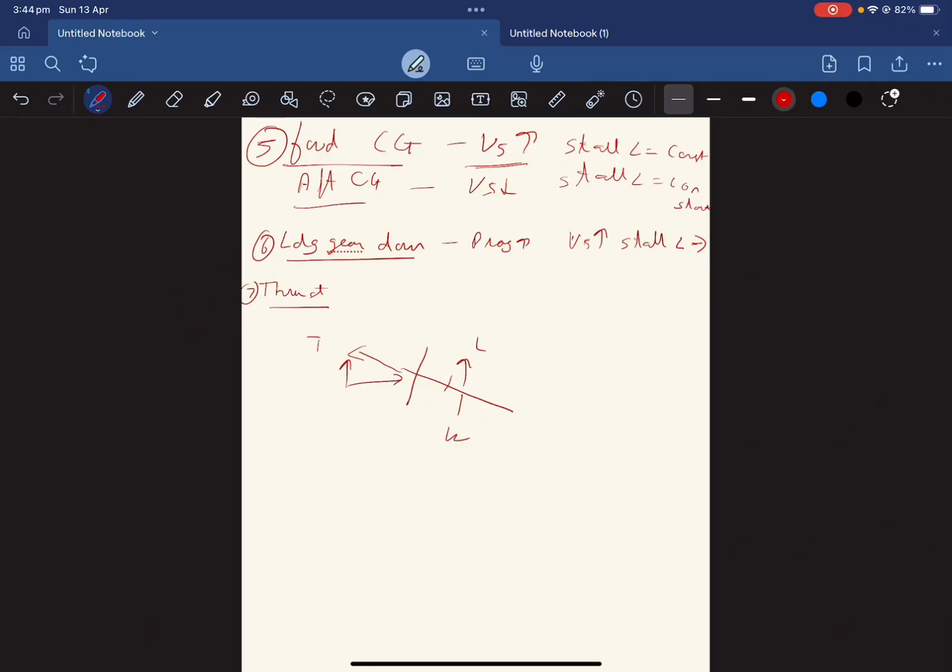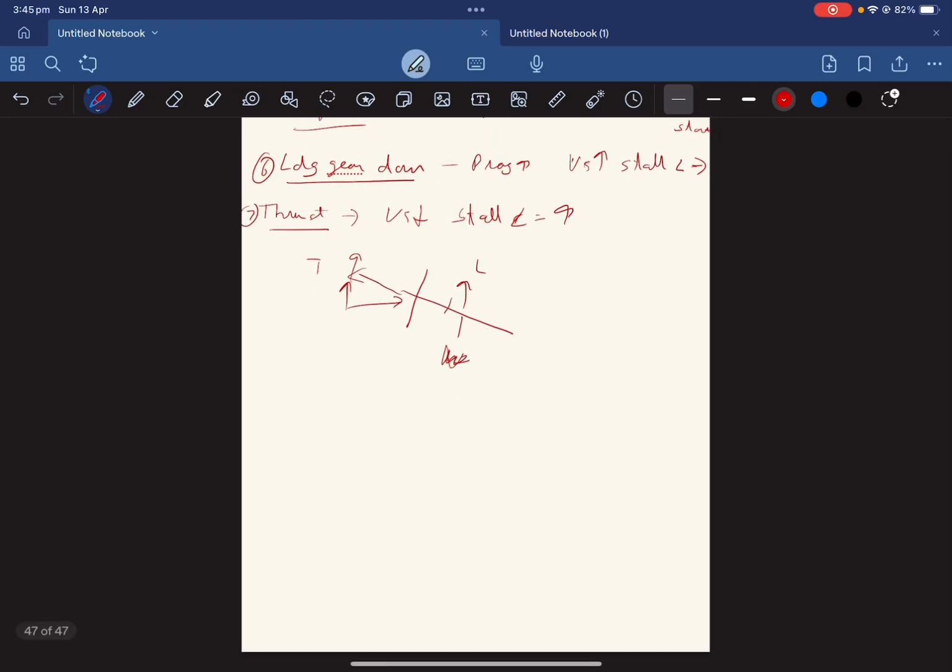The vertical component is acting in the direction of lift and also opposing weight. So in a way, this thrust is helping you balance your weight. So with thrust, your stall speed is going to reduce and your stall angle is going to increase. All right, I hope it makes sense.